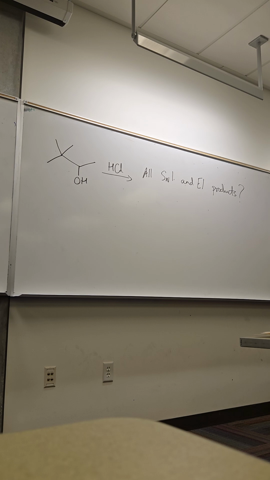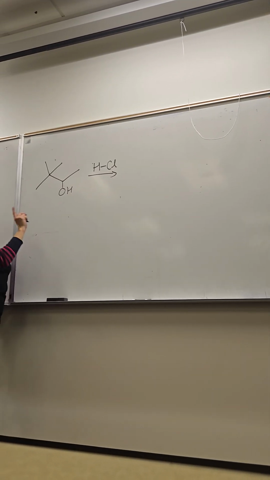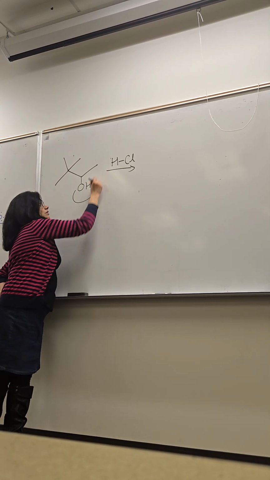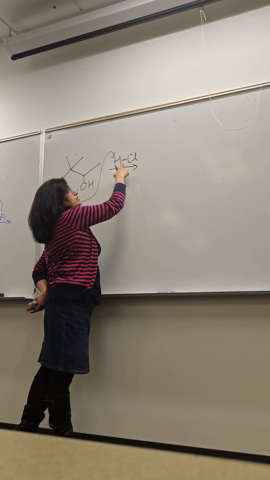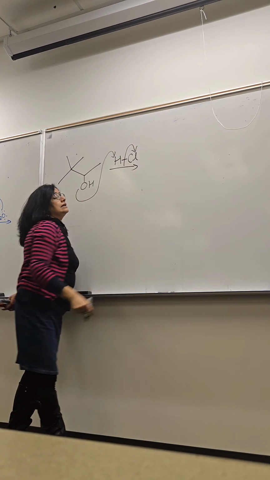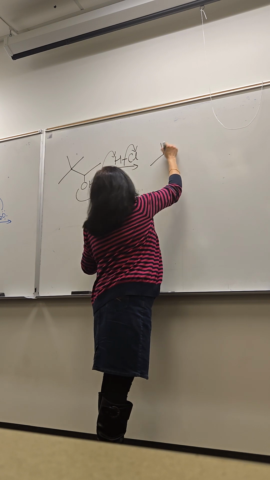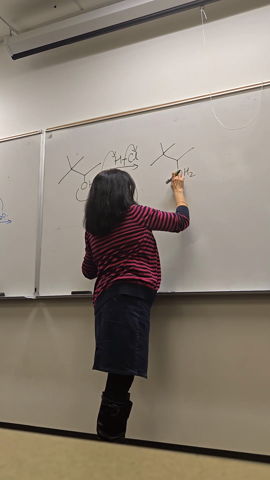Curved arrows are about electrons. Curved arrows are not about atoms. That's not right. So what is the correct way to show that? The lone pairs on oxygen are taking a proton, and where are those electrons going? Exactly. So that way it becomes a better leaving group, because OH is a bad leaving group.